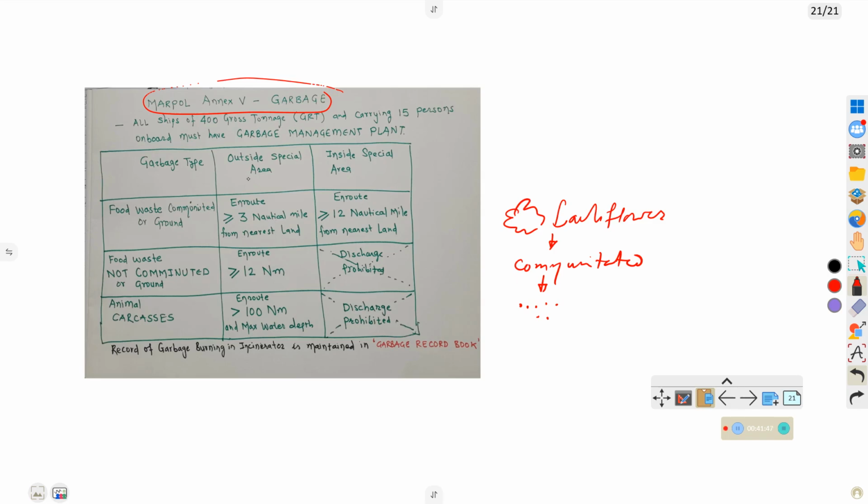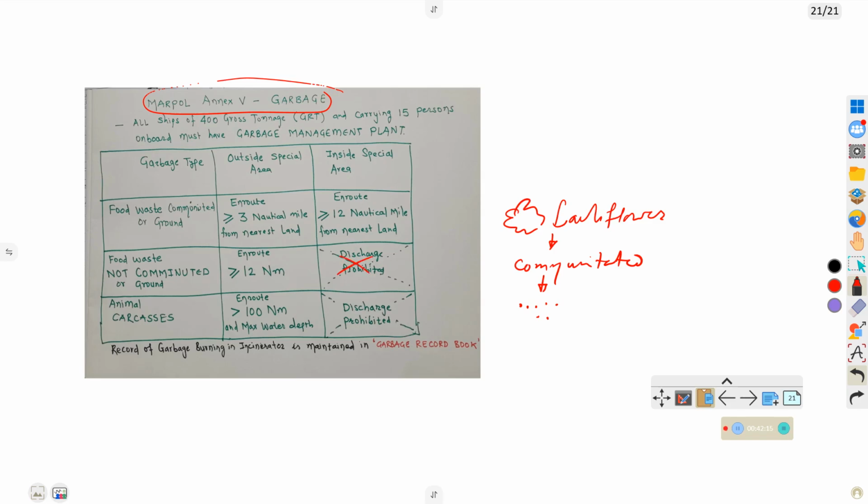When it is outside a special area; अगर inside special area रहेगा तो it should be 12 nautical miles from the nearest land. Food waste not comminuted, when it is outside the special area, it should be more than 12 nautical miles. If it is inside a special area, discharge is not permitted.